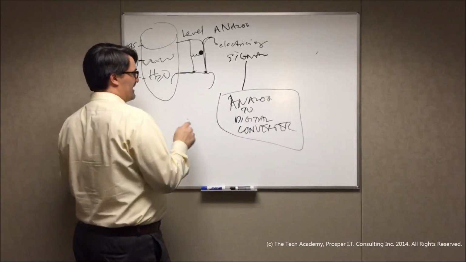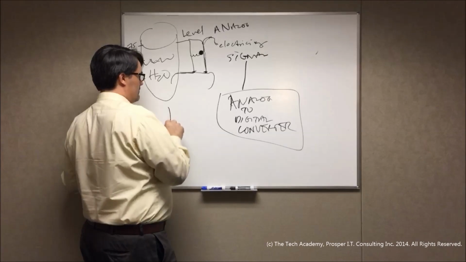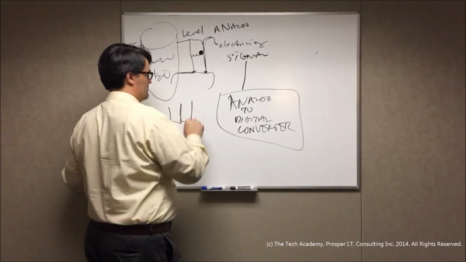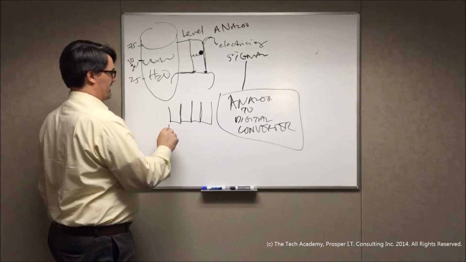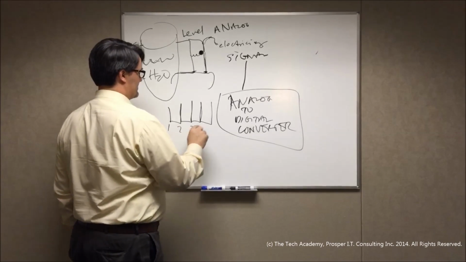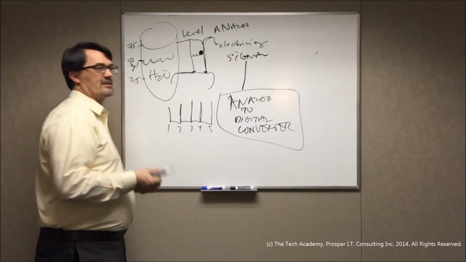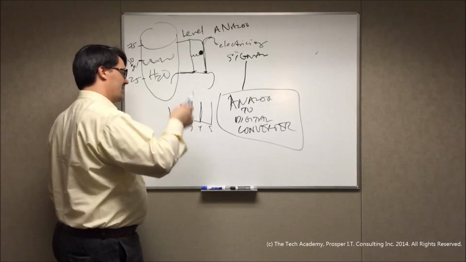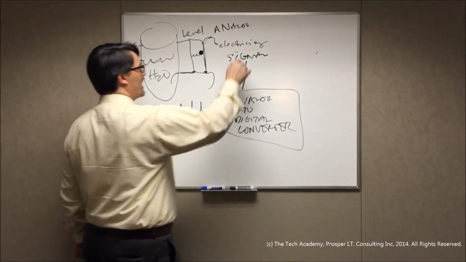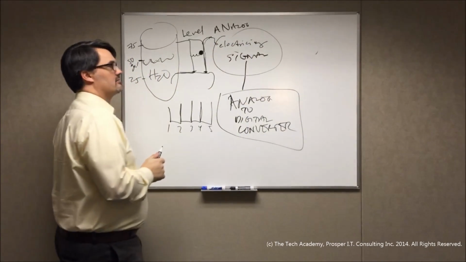And what it does is, at regular, precise intervals over time, it does something. 1 second, 2 seconds, 3 seconds, 4 seconds, 5 seconds. It's actually a lot faster than that, but this is for illustration. Every second, exactly on the second, it checks the amount of electricity.